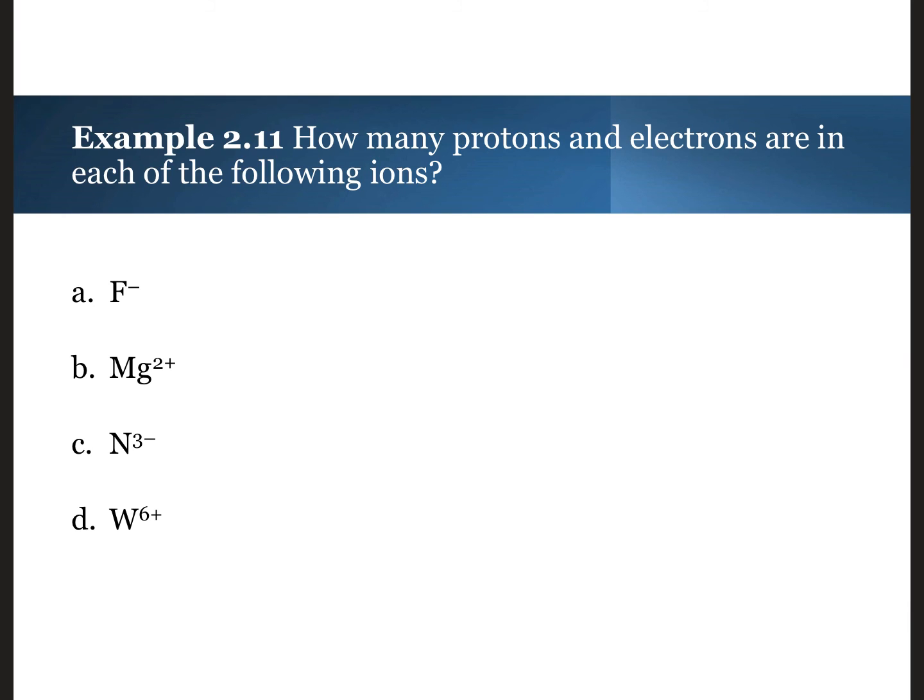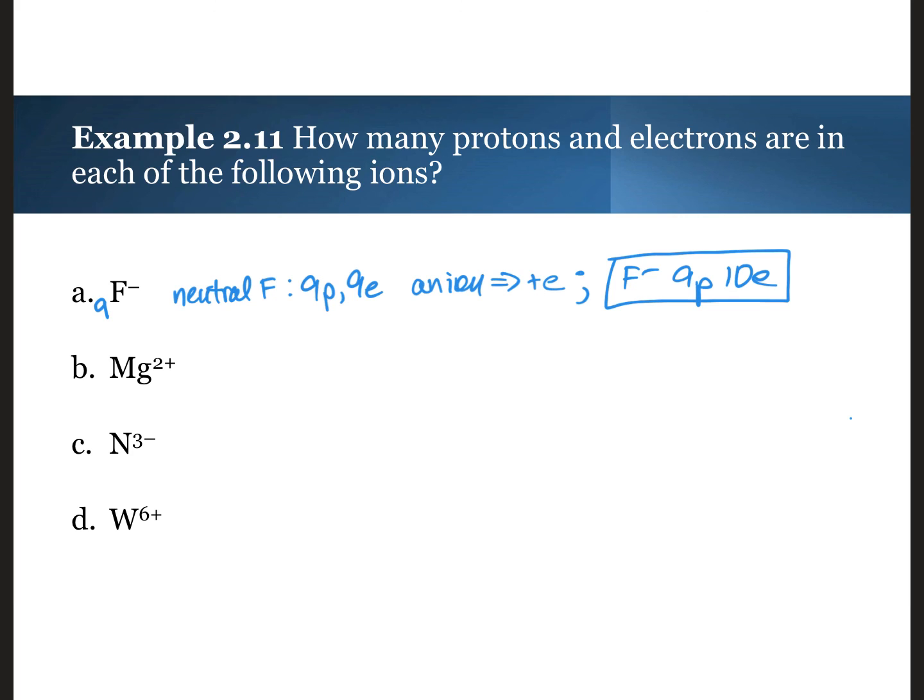Fluorine has an atomic number of 9, so a neutral fluorine atom has 9 protons and 9 electrons. When an element forms an anion, it gains electrons. With a -1 charge, the F- ion must have 10 electrons.